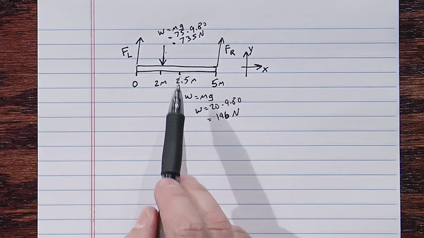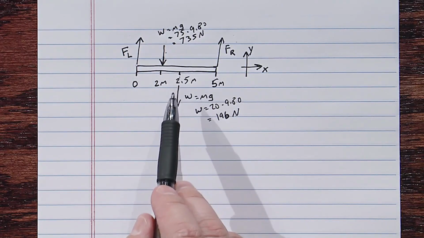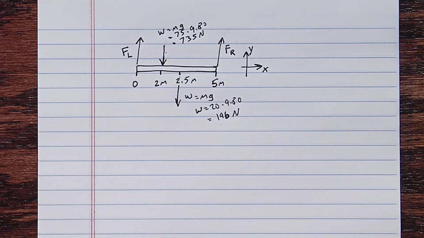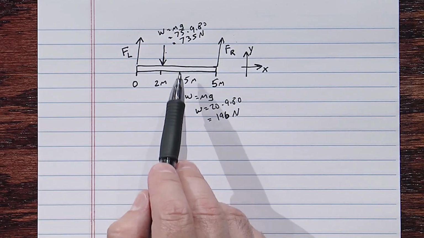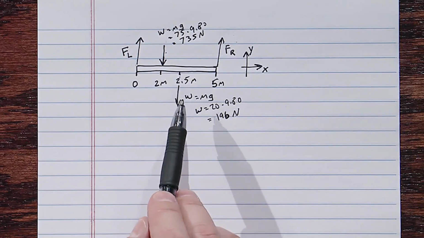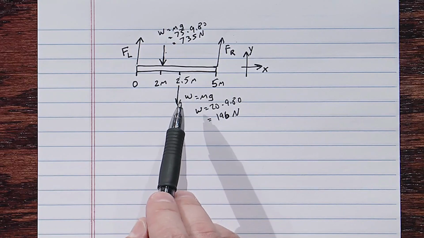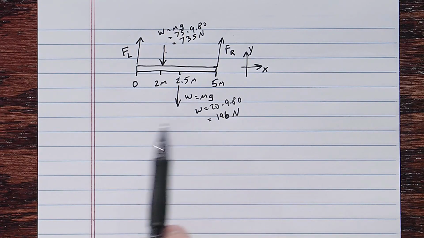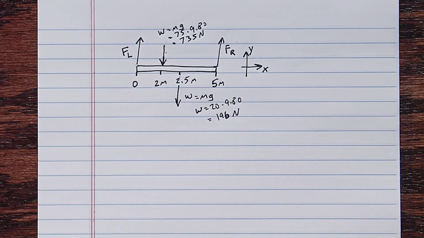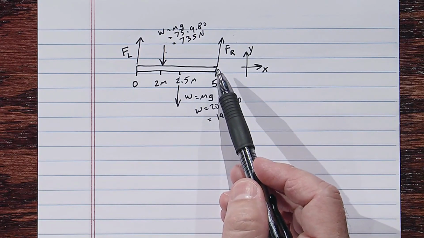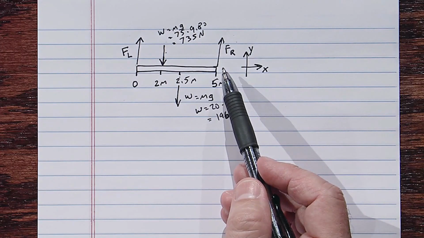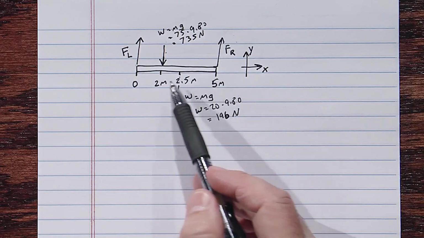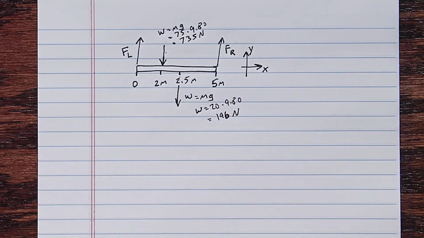We have gravity pulling down on the board, and we're going to put the gravitational force at the center of gravity of the board, which is the center of the board. And so at 2.5 meters, we add a force equal to 20 times 9.80, 196 newtons. And then finally, we have the force on the right end of the board from the right-hand cable, and that is 5 meters from the left end of the board.